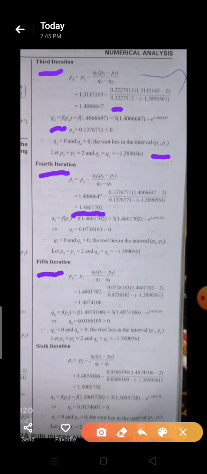Since Q1 less than 0 and Q6 greater than 0, therefore the root lies in the interval P1 comma P6. Let P5 is equal to P1 is equal to 2 and Q5 is equal to Q1 is equal to minus 1.3890561. Sixth iteration.